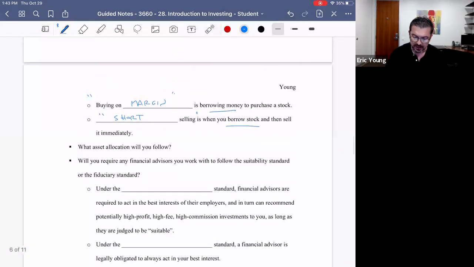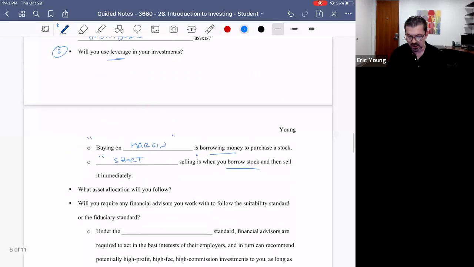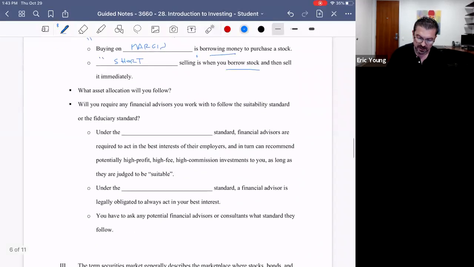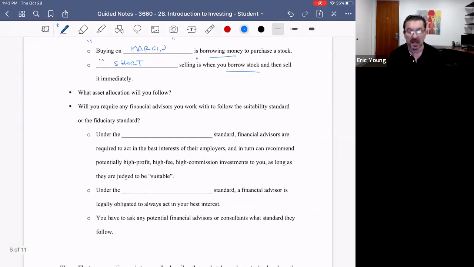I strongly advise you to not engage in these leveraged forms of investments, because if you do that, you have a lot of potential downside, okay? Yes, there have been people who have made lots of money using leverage, but there's a lot more people who have been completely wiped out. We just don't hear about them, okay?